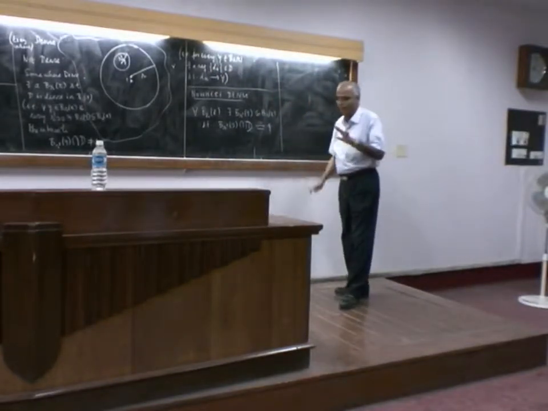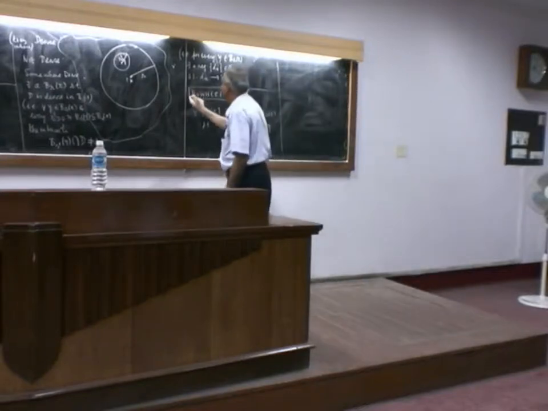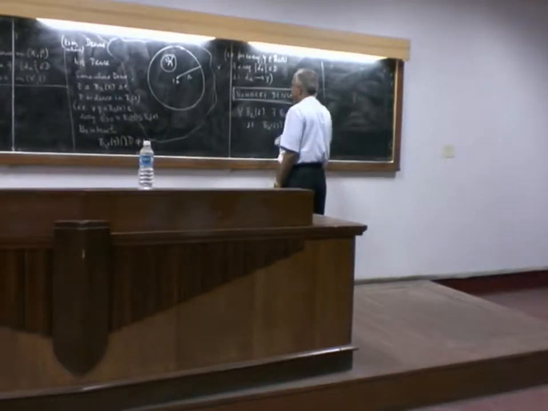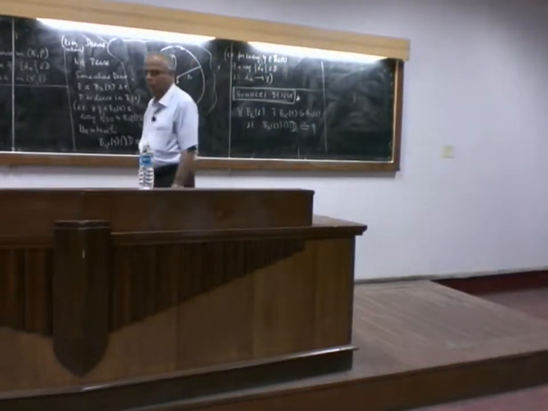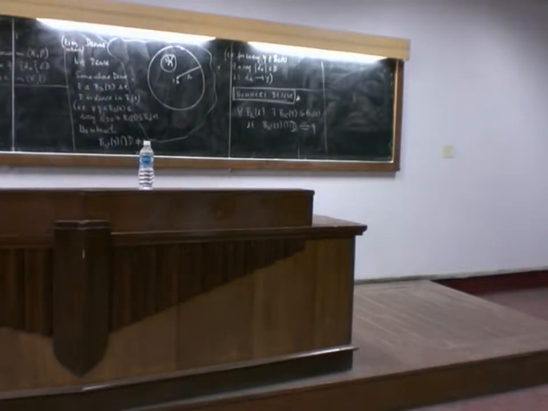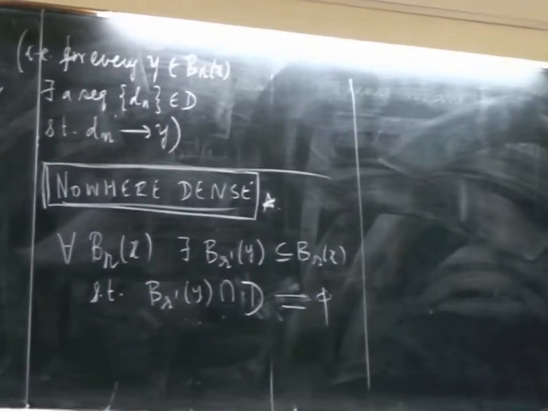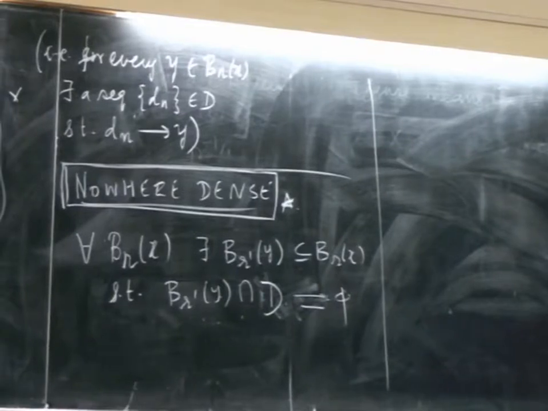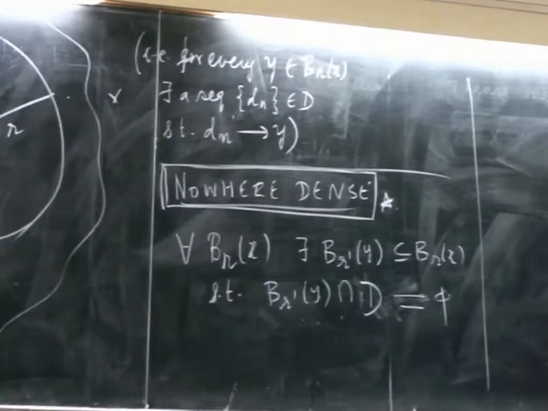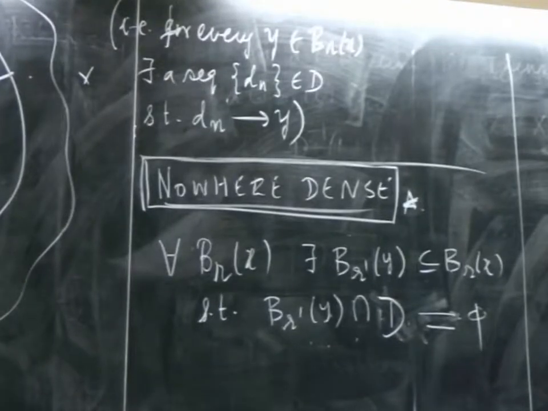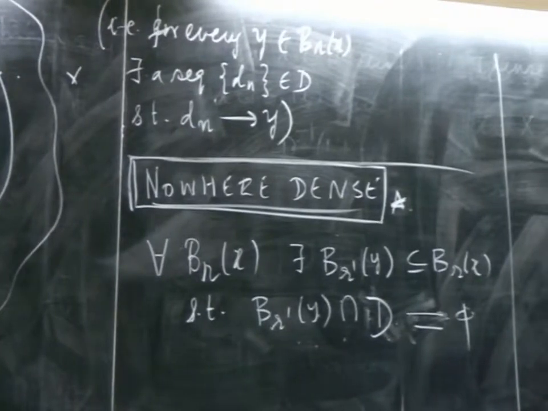Okay, so now we have these various concepts. At some stage, we will use this notion, nowhere dense. It's a very, very important notion. Well, probably I should make some comments here, namely, I keep on making this point again and again: something being small or big is context sensitive.